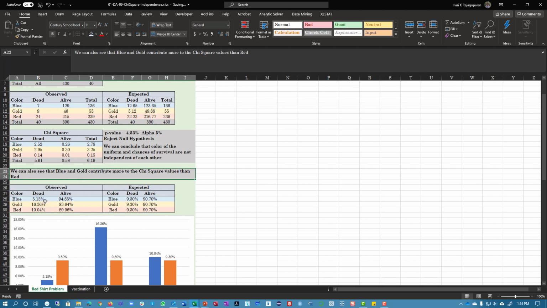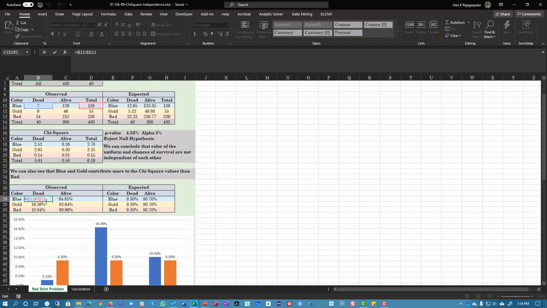and then you can start looking at which contributes more. So you can look at the observed values as a percentage: what percentage of blue of the total actually ended up dying. So that's about 5.15. Similarly, gold, what percentage of gold and what percentage of red.